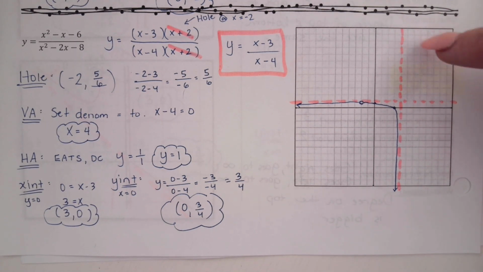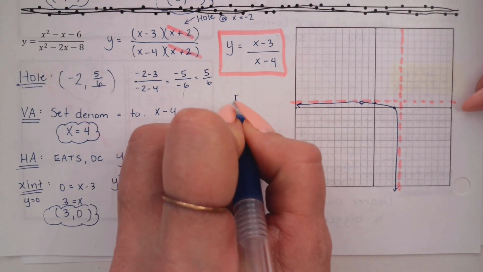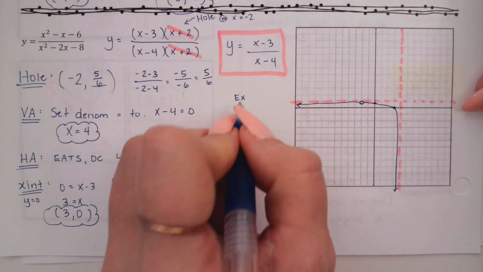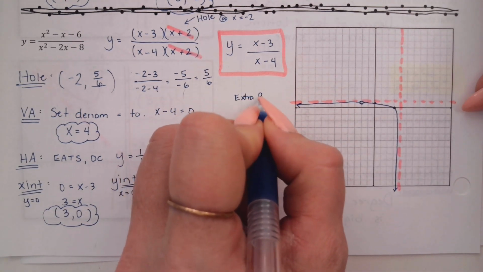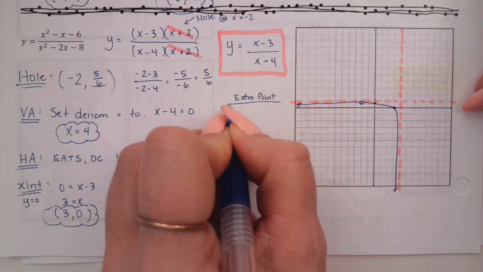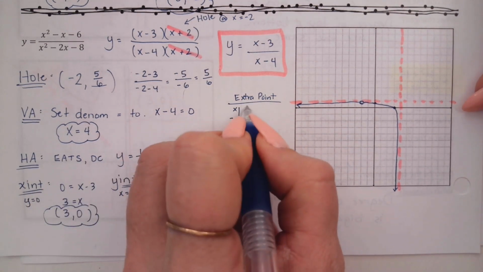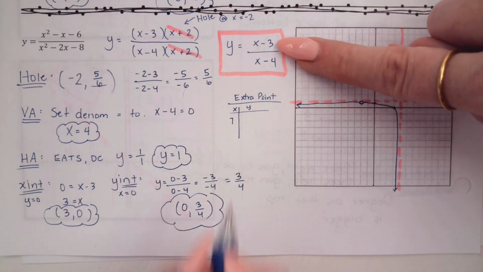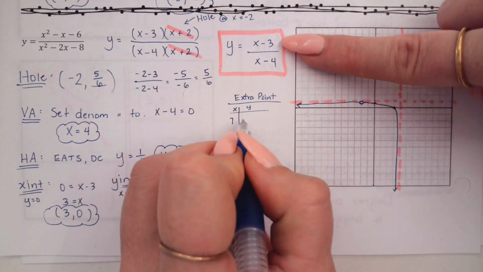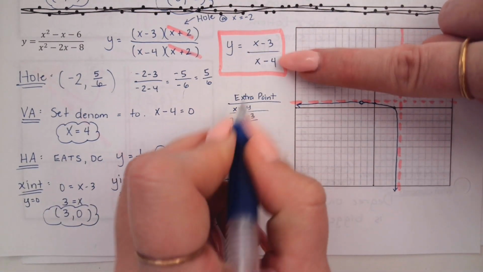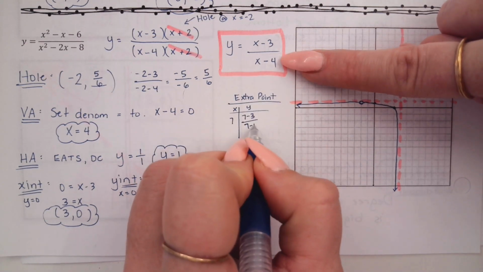And yes, we will have to find one more point on the right side to find an accurate point over here. So around 7 or so? 1, 2, 3, 4, 5, 7 sounds good. So plugging in 7 to my new and improved function. On the top I'll have 7 minus 3. On the bottom I'll have 7 minus 4.